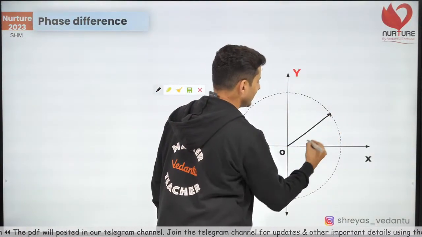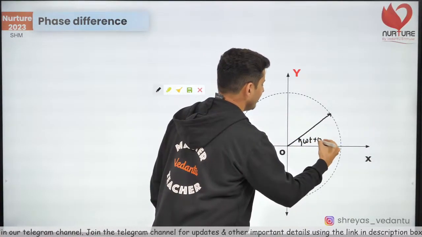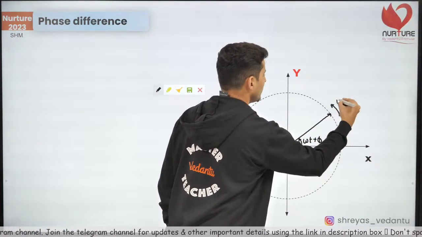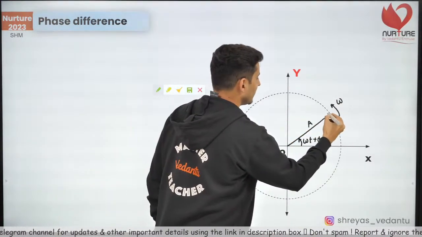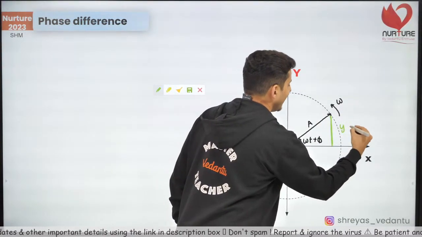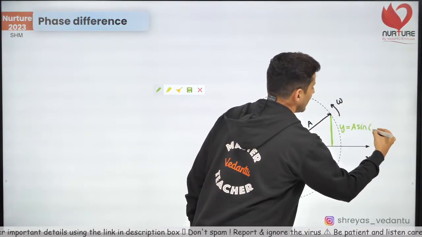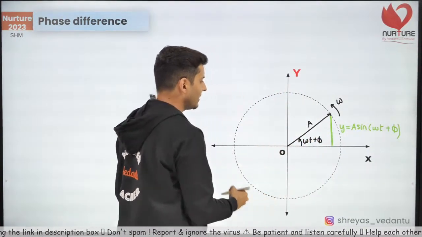If you draw the phasor, and if this angle is omega t plus phi, this is how it is moving, this is A. Now, if you draw the height, this one, this will be y is equal to A sine omega t plus phi, because this is opposite to it.